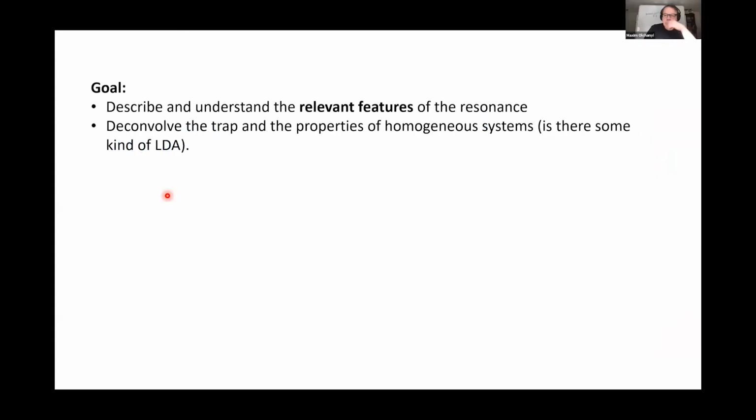So the goal: we want to describe and understand the relevant features of the resonance, relevant in the sense that they are easy enough to describe and capture using simple models. And also, very importantly, usually we are more interested in homogeneous systems.